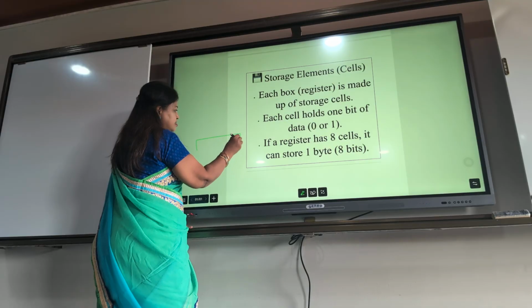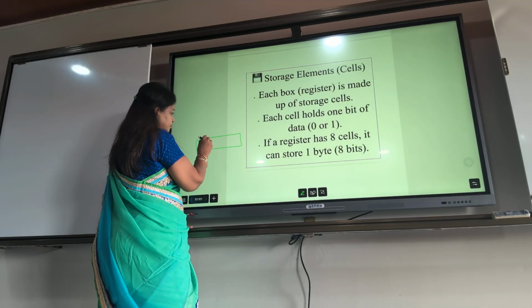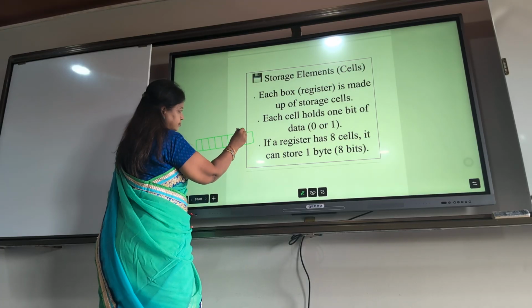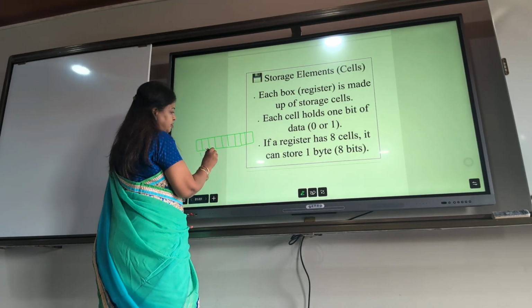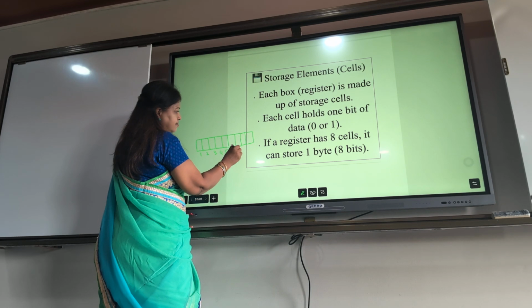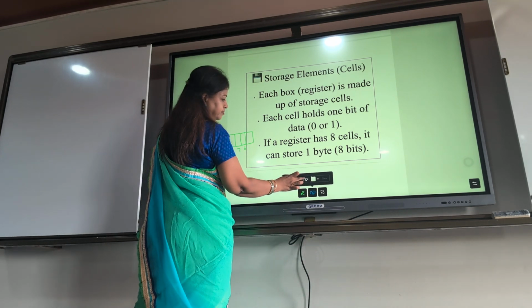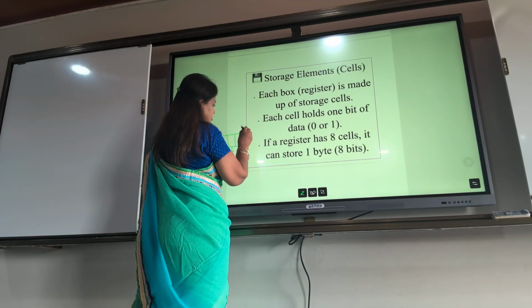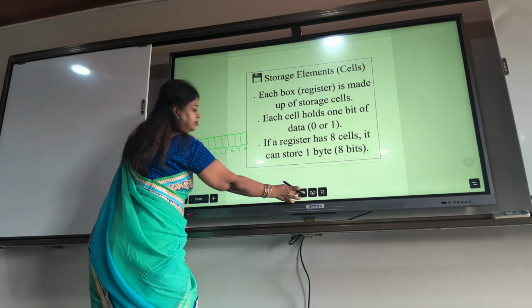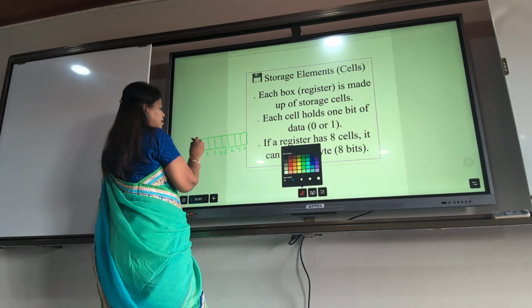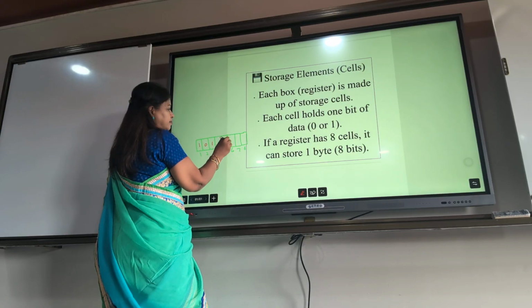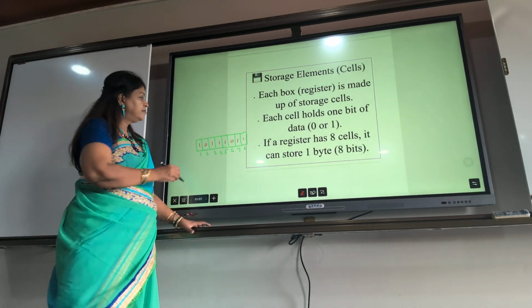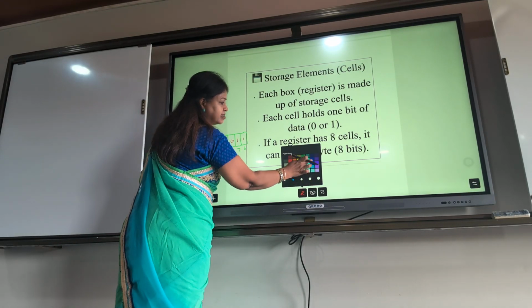So you have a box, and you have 1, 2, 3, 4, 5, 6, 7, 8. This is the register, in which the bits are stored. Each one is called a cell.